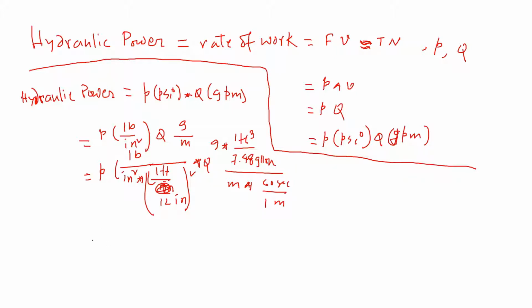Here I have PSF. So if we do this, P will be times 144. Bring all the constants to the front, 144, and this will be multiplied with this 60, so that will be 7.48 times 60, which is 449.